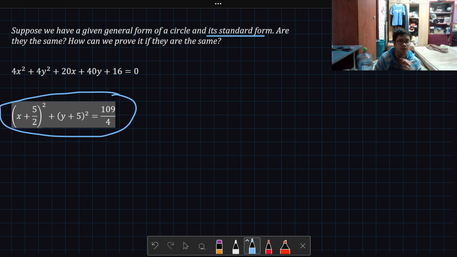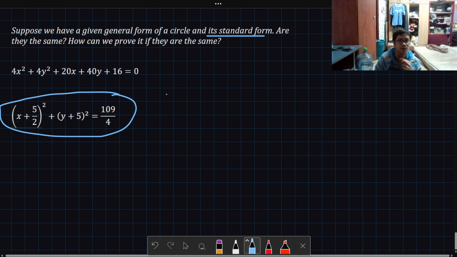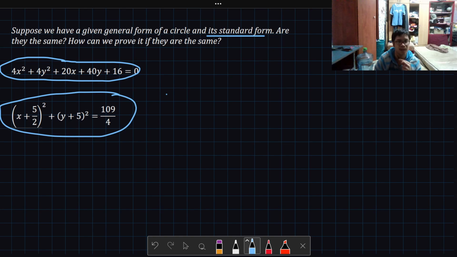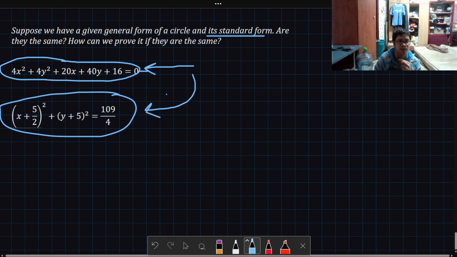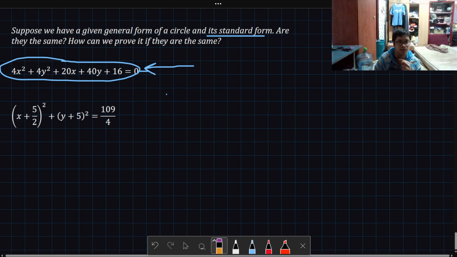Of course, if you're going to convert something into standard form, you're going to convert this one, the general form. And make sure that the standard form for this is just the same as the given one. So let's do it.